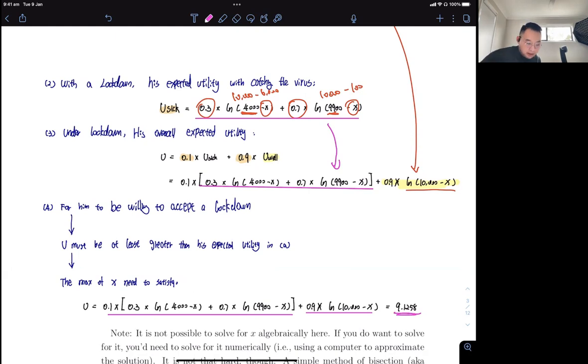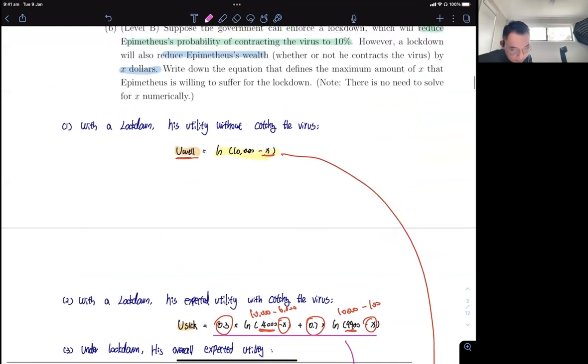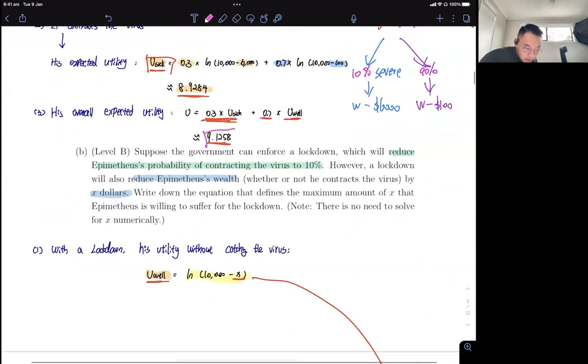That will give us the maximum amount of X he will accept for the lockdown. And you remember where 9.125 is coming from? 9.125 is simply the solution from question A, where there's no lockdown at all.